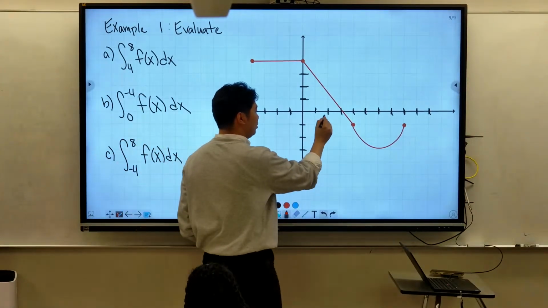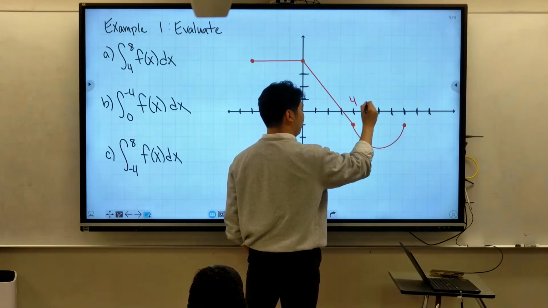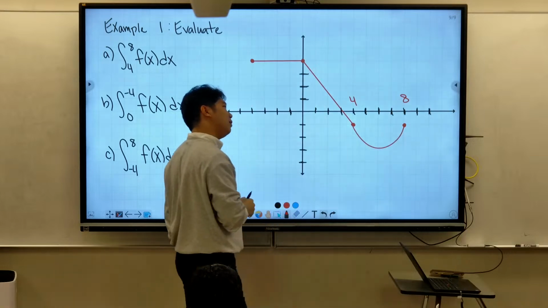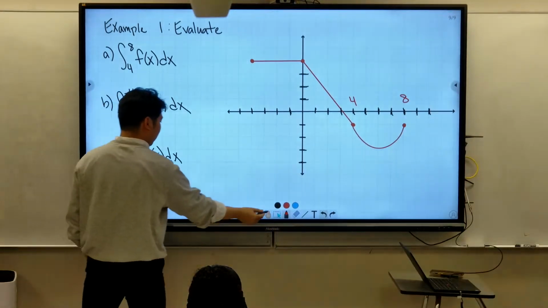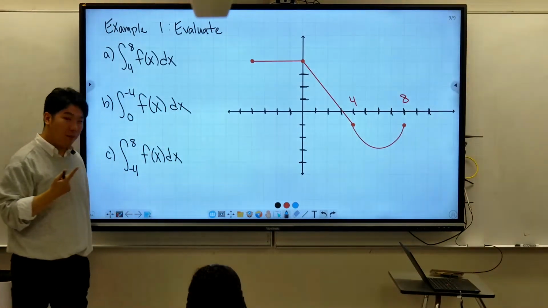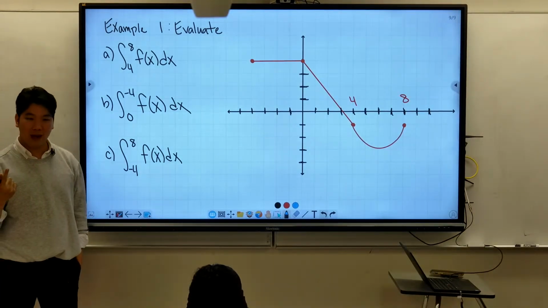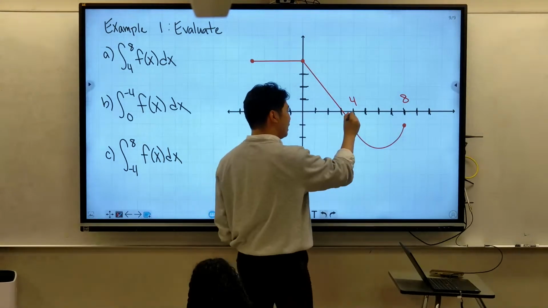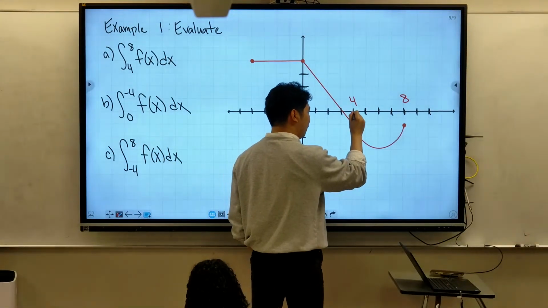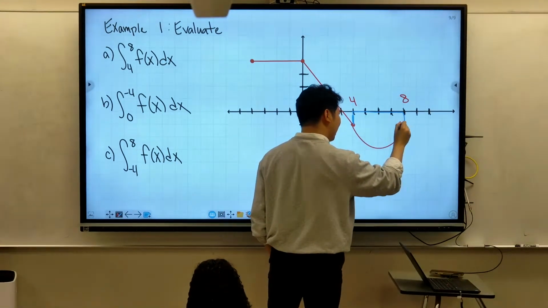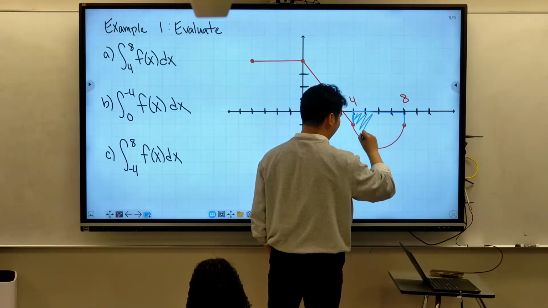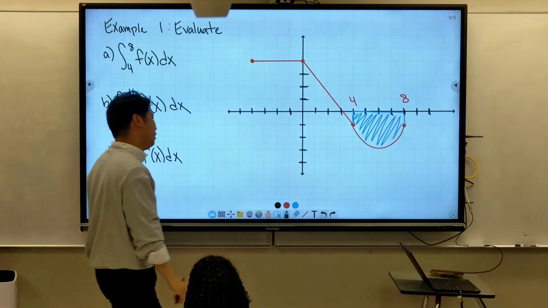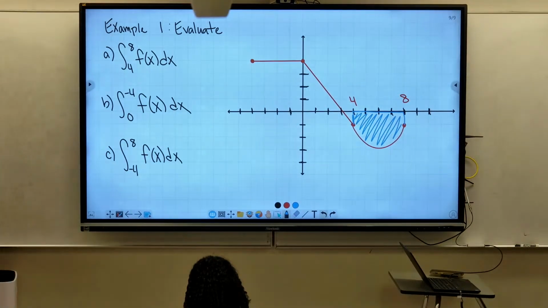We have 1, 2, 3, 4, all the way to 5, 6, 7, 8. This integral, since we know it represents the area underneath the curve, I'm going to shade what we're looking at. 4 to 8, that's this entire area for part A. I want to figure out what that area is.